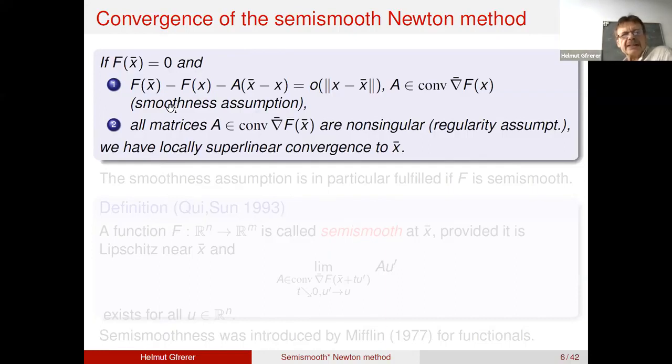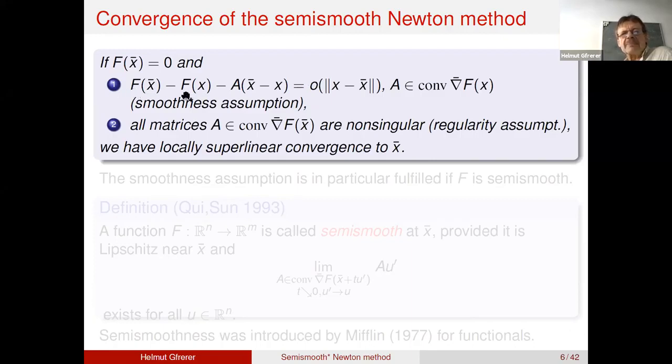Okay, how does the smoothness assumption look like? That means that for all points x close to x bar, a solution x bar, and for all matrices A belonging to the generalized Jacobian of F at the point x, we have this estimate here.